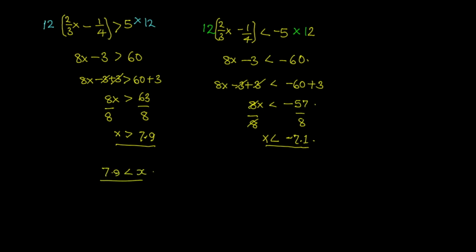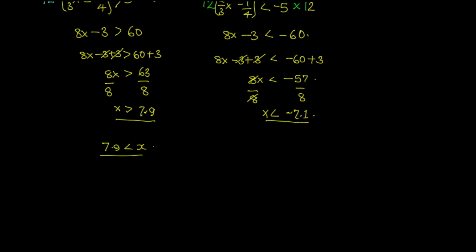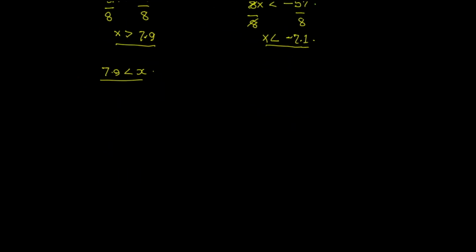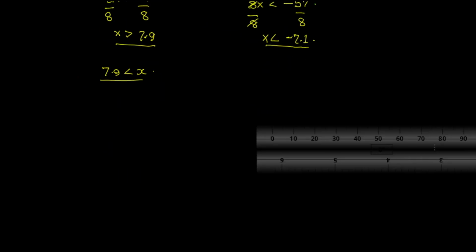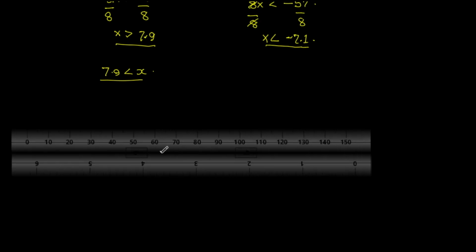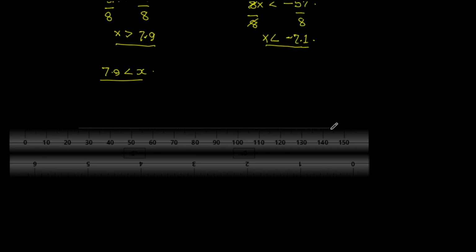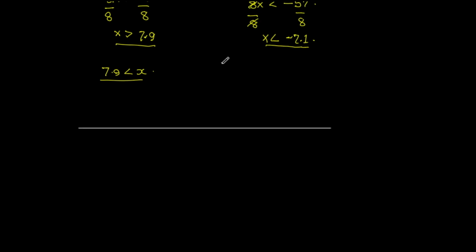Drawing it on a number line becomes quite simpler. So let's get our ruler and draw this on the number line. Now we're looking at 0, maybe in the middle, and then positive 7 would be somewhere here.